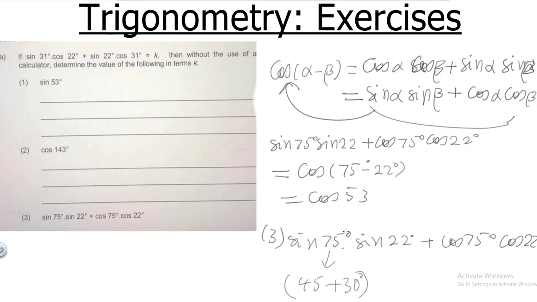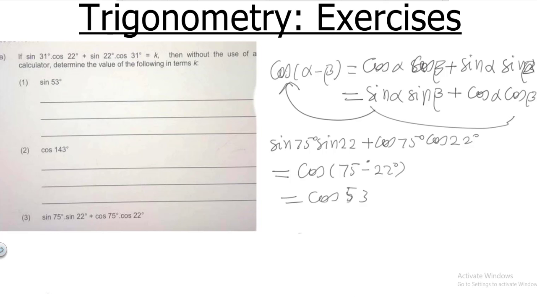Now, cos 53 will be what? Remember, sine 53 is equal to k. What about cos 53?